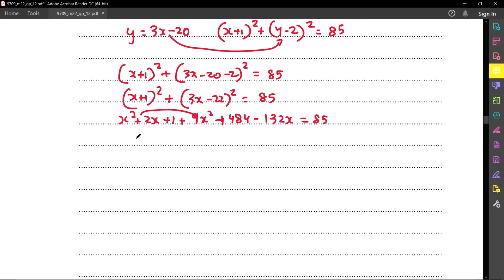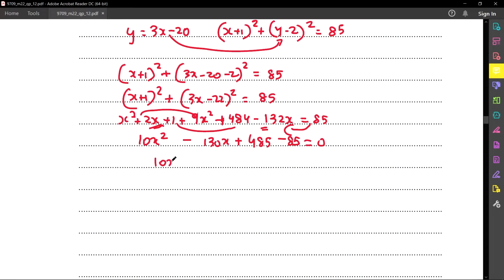Simplify this: x² + 9x² is 10x², and 1 + 484 is 485. Get this 85 to the other side, minus 85. Then plus 2x and minus 132x will give you minus 130x, equal to 0.